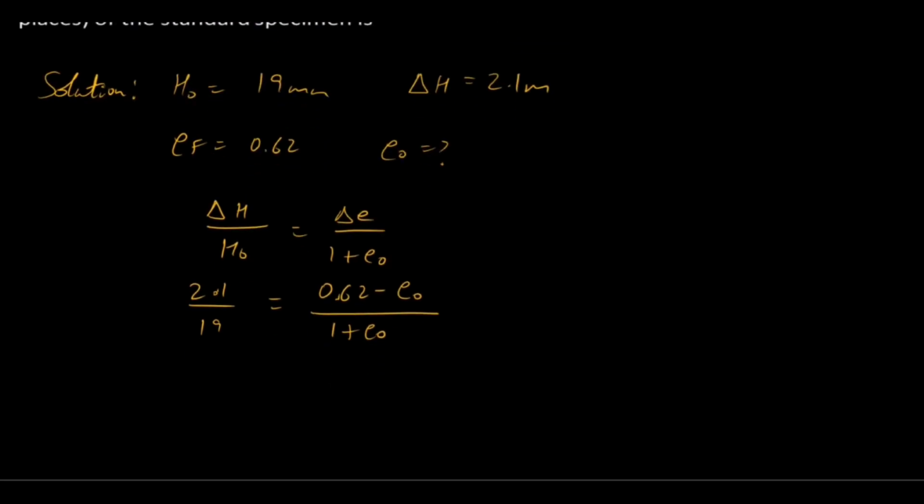So if you solve this, you get e naught will be equal to 0.82, which is the initial void ratio.